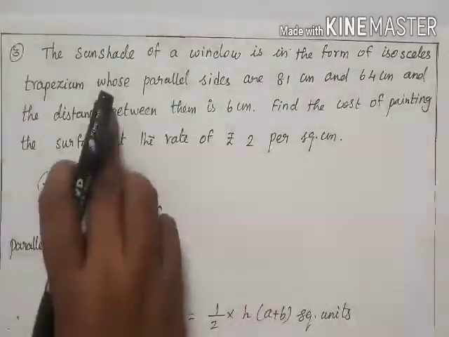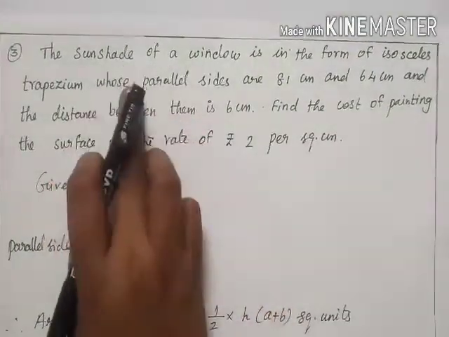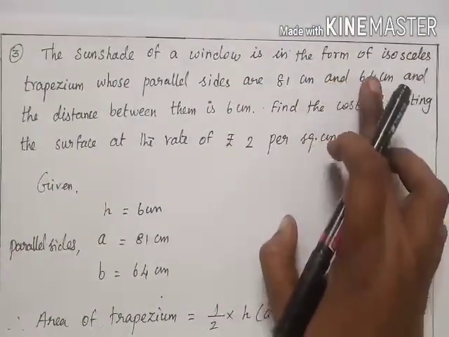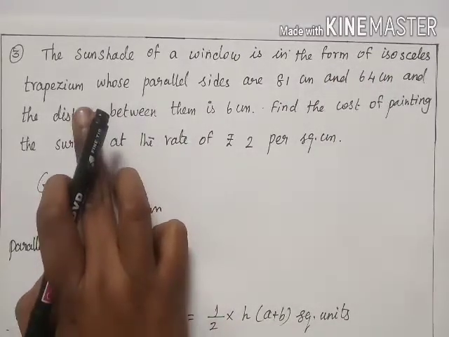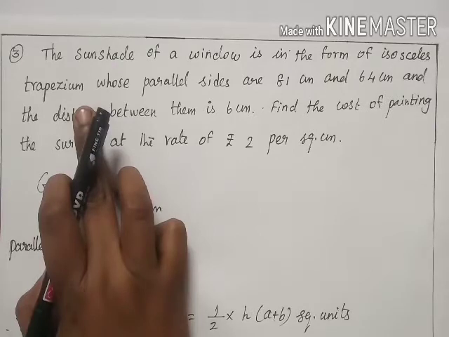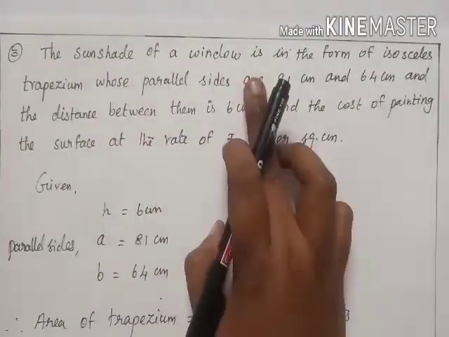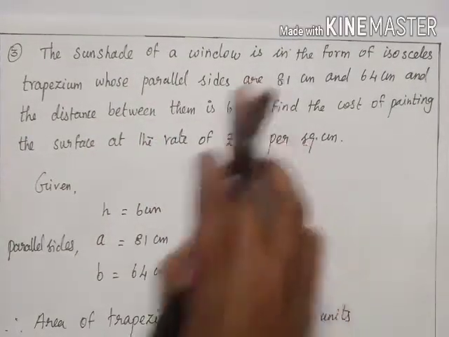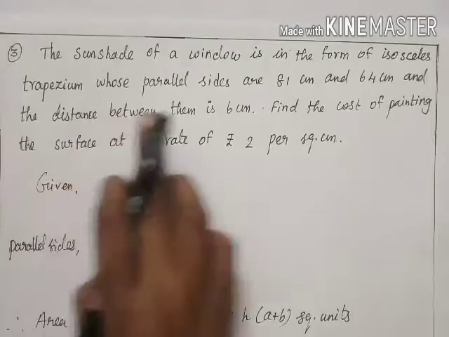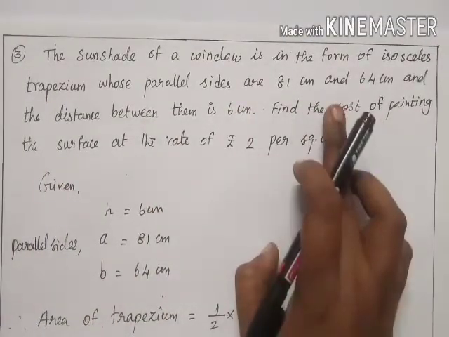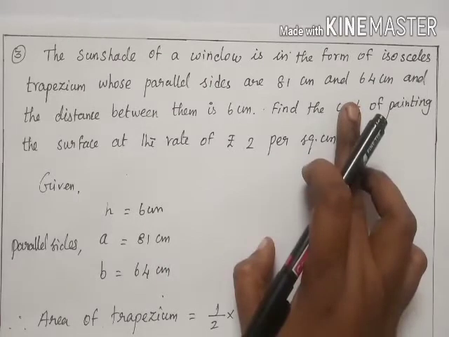The sunshade of a window is in the form of isosceles trapezium. Isosceles means the non-parallel sides are equal. The sunshade of a window is in the form of isosceles trapezium, whose parallel sides are 81 centimeter and 64 centimeter.